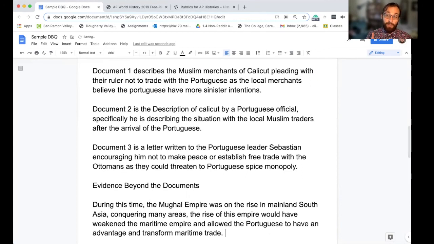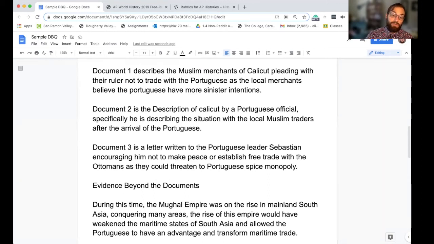Notice I use that word from the prompt, maritime trade. And maybe I shouldn't say empires, I should say the maritime states of South Asia. The Mughal Empire is not mentioned anywhere in the documents. Therefore, it's free game, and it still supports my argument about Portugal transforming maritime trade.